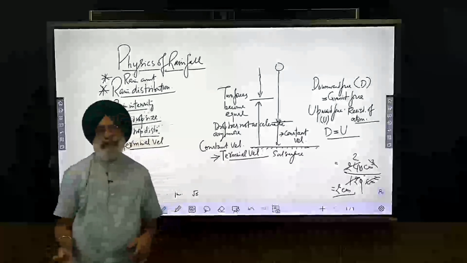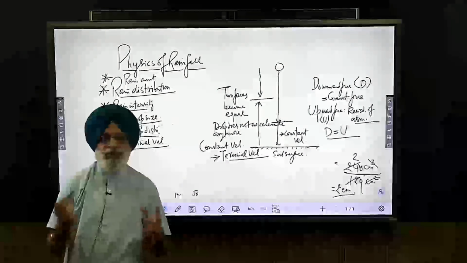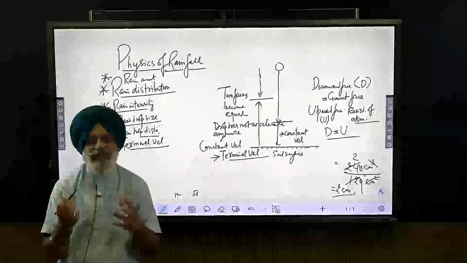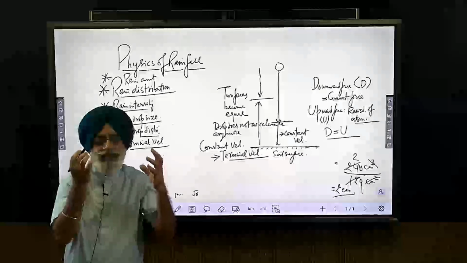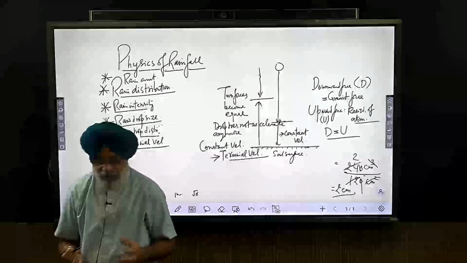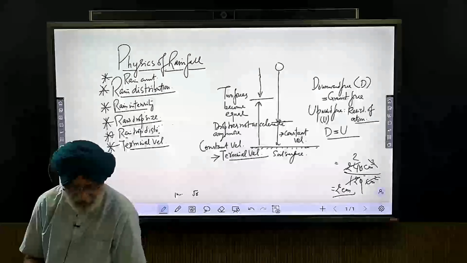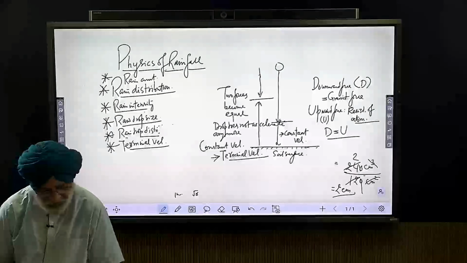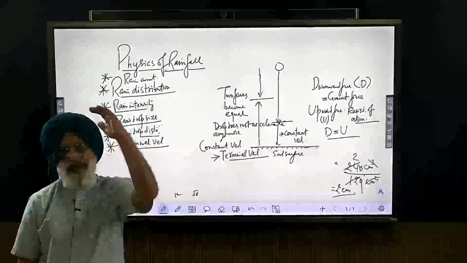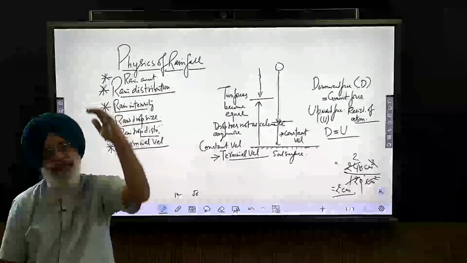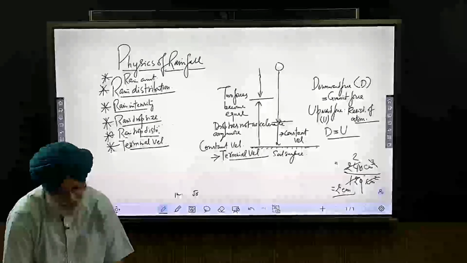So, terminal velocity is the speed of the raindrop when it does not accelerate anymore, or when the drop falls at a constant velocity. Generally they say that if the drop is falling from a 2-meter height, it can achieve the constant velocity. This is what people have studied.